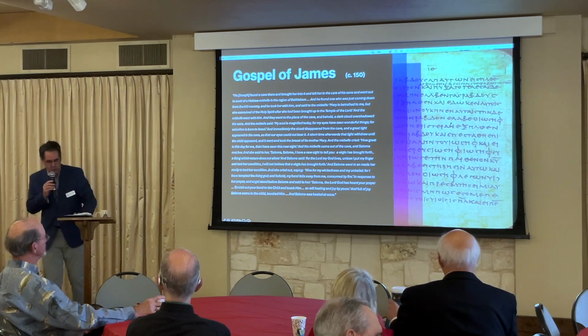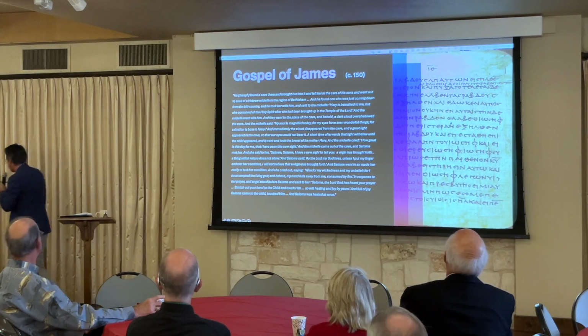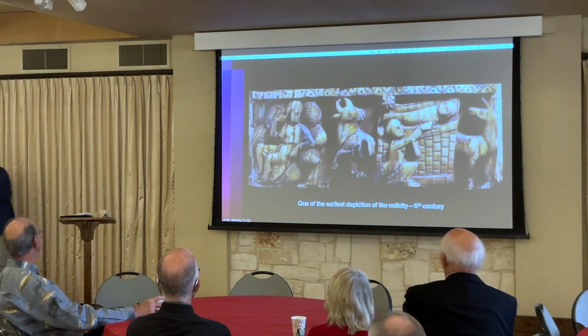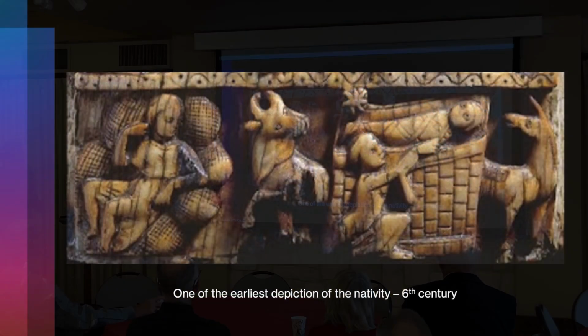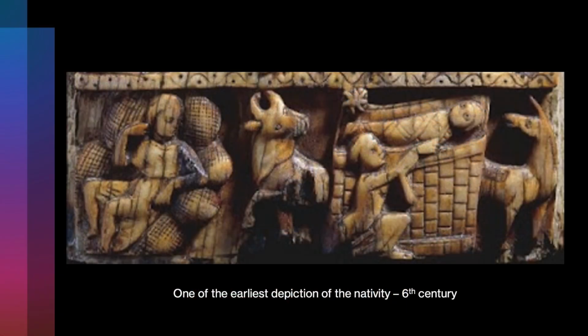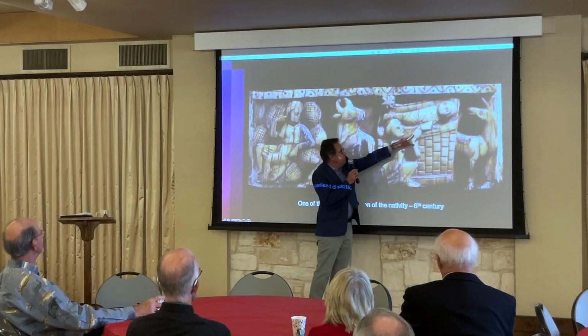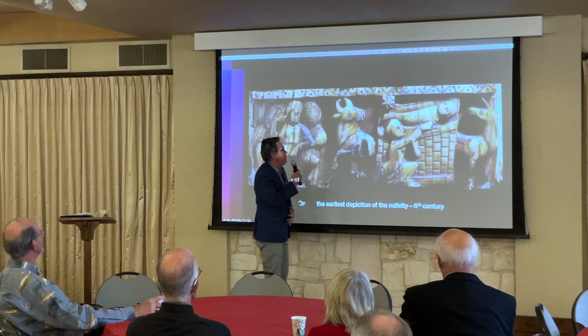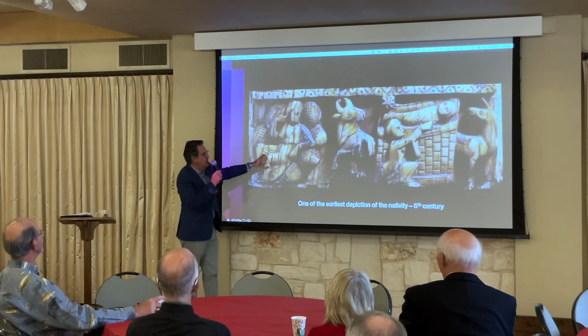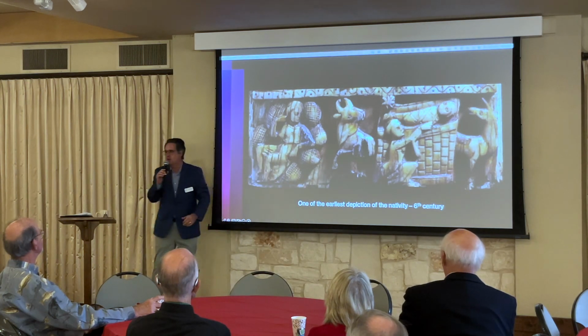So I want to start by showing you one of the earliest depictions of this scene. This is Salome here, raising her hand to the infant. We have Mary. Joseph is not present in this scene.